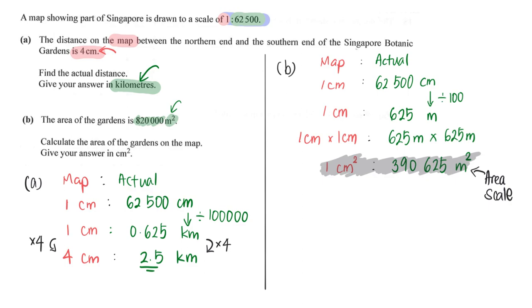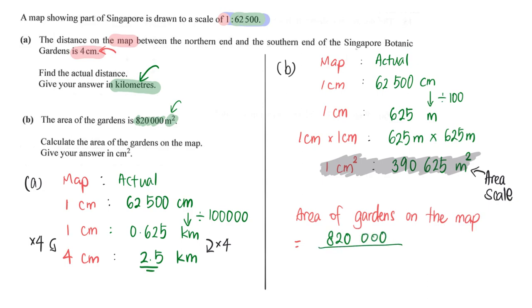So final answer, the area of the gardens on the map is therefore simply equals to 820,000.